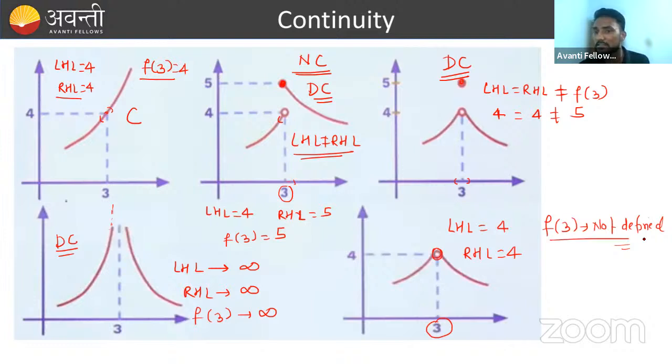So in this case also we can say that it is discontinuous. I hope you have got an idea about which type of function is continuous and which type of graph is not continuous. The only condition is that LHL should equal RHL and it should equal f of a, at that point where we are finding the continuity. I hope it is clear to all of you.